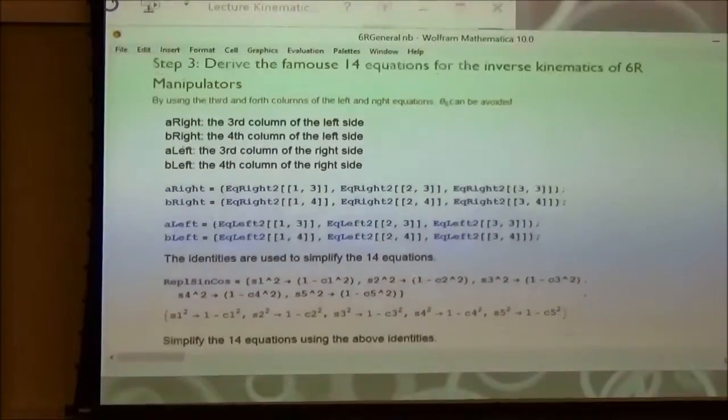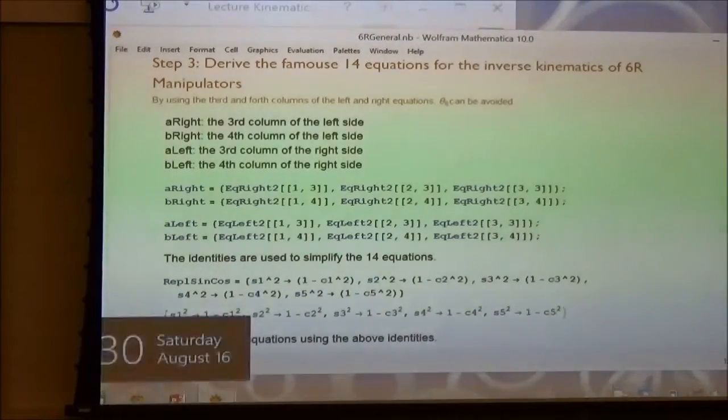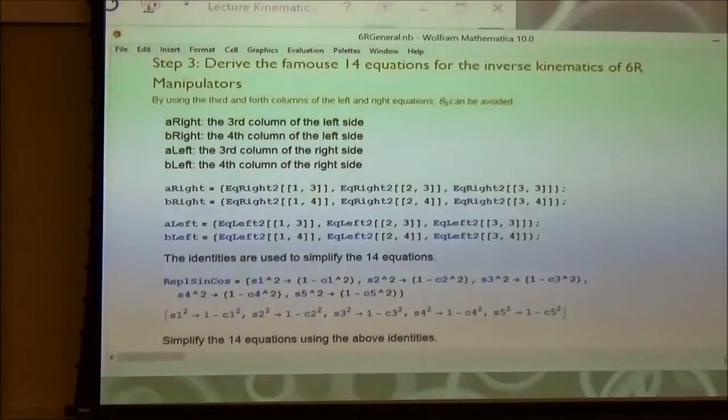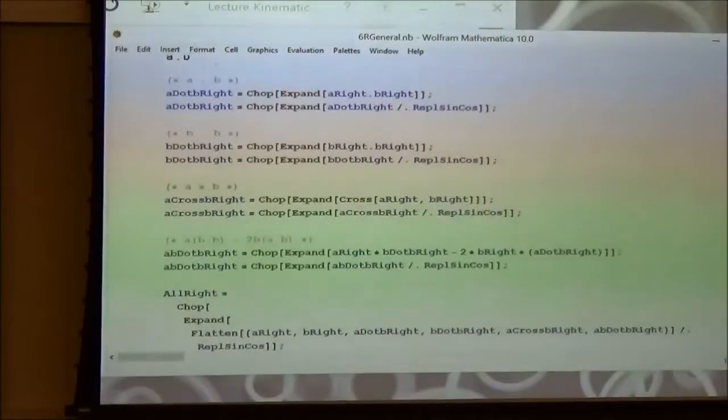So A and B, these are the fourth and the third column. A and B, and have left and right, okay? Then I have to simplify a little bit by canceling the square term. So the 16 equations, the 14 equations are here.